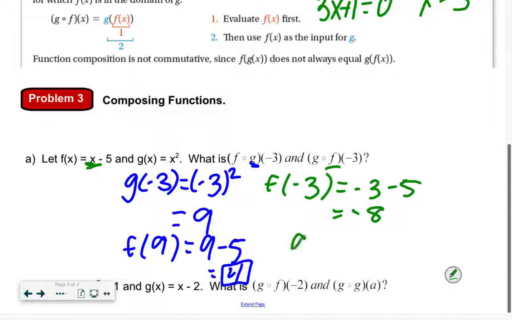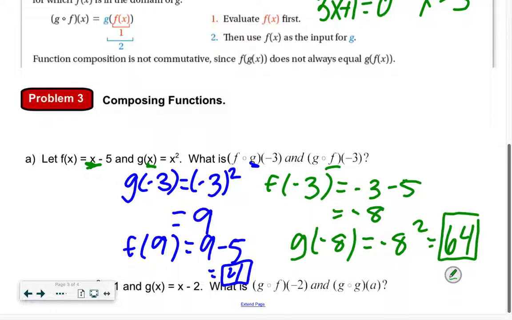So I take my g function, and what I'm plugging in for x is my answer, negative 8. So negative 8 squared is a positive 64. Those answers are way different. So yes, it matters which one you plug it in first.